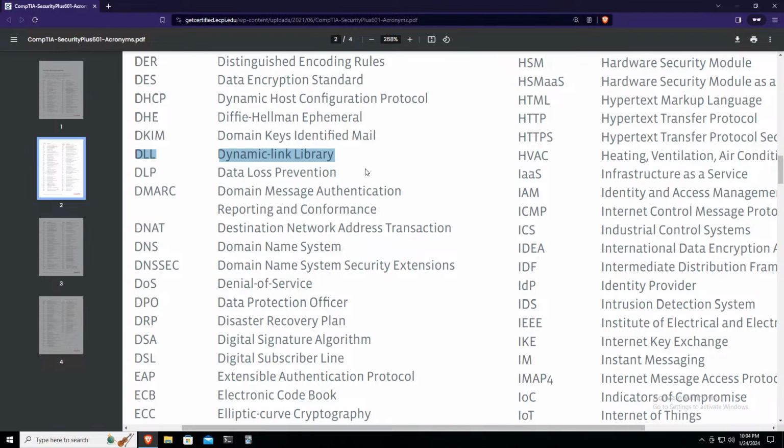DLP, data loss prevention. So data loss prevention can be done in multiple ways, over the network, on physical devices. Essentially, the idea of not losing data, keeping data in multiple places, the 3-2-1 rule, right?